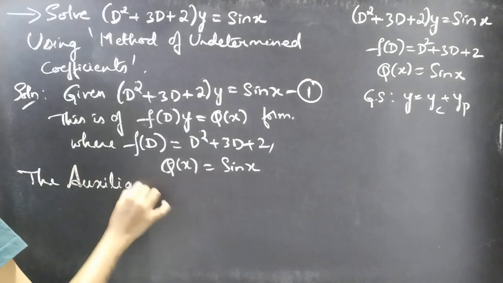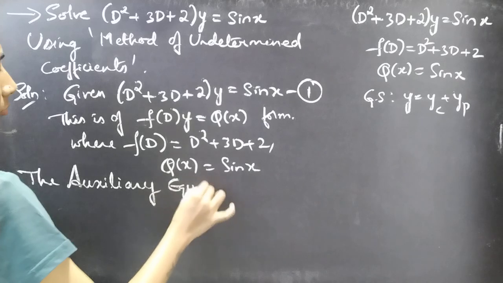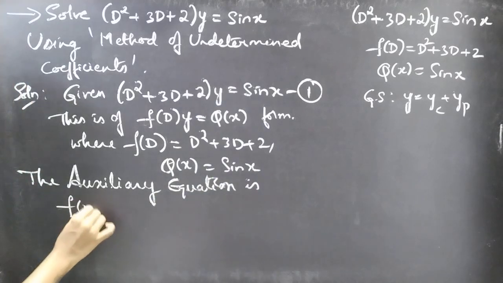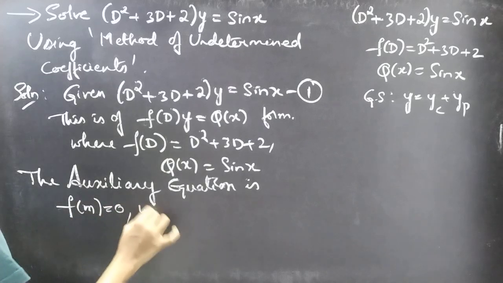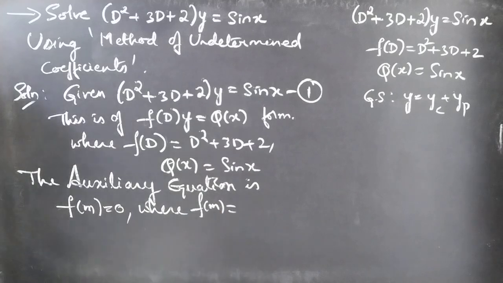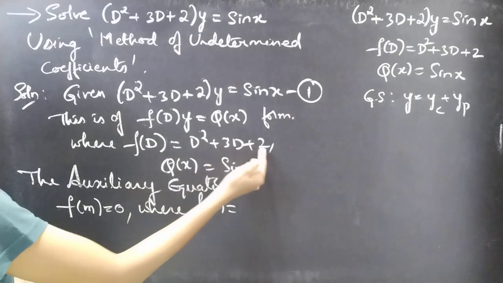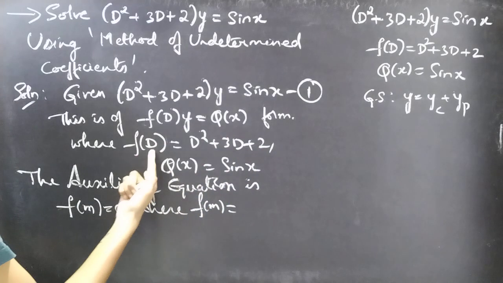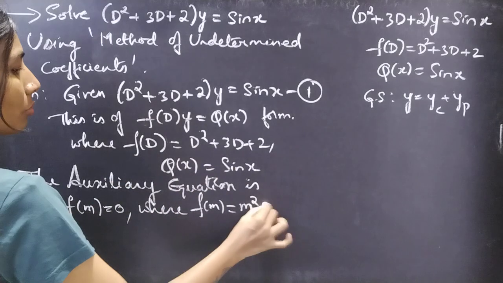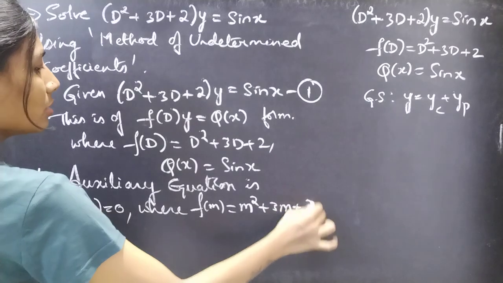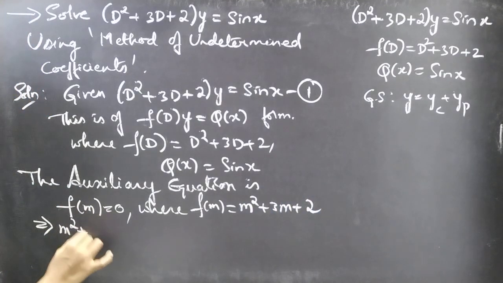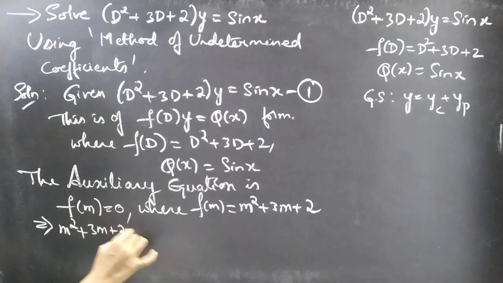The auxiliary equation is f(m) = 0, where f(D) = D² + 3D + 2. Let's replace the differential operator D with m, so that we get f(m) = m² + 3m + 2. Then the auxiliary equation becomes m² + 3m + 2 = 0.